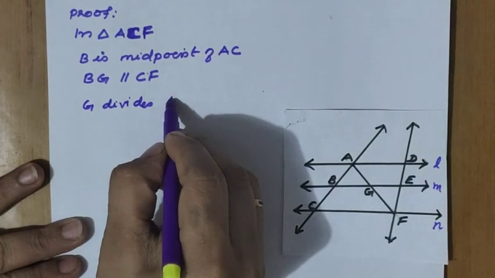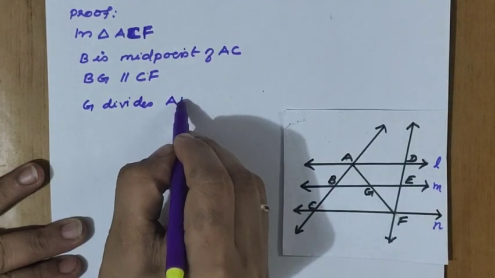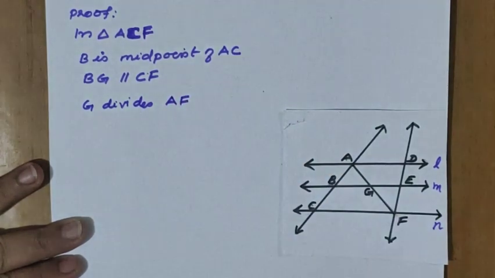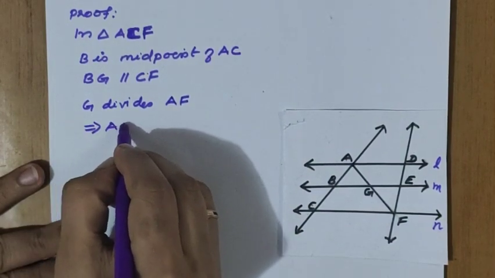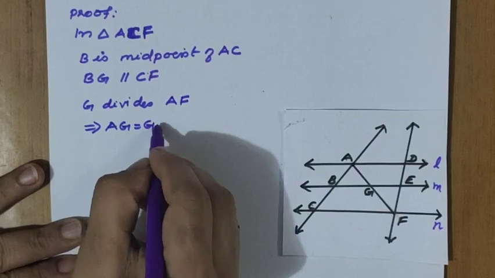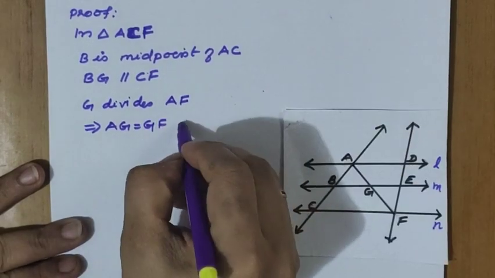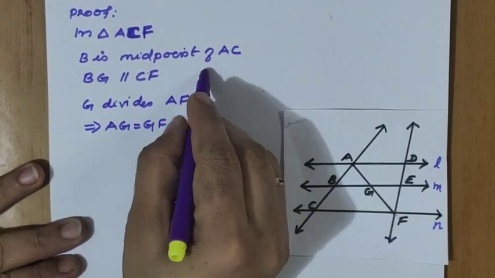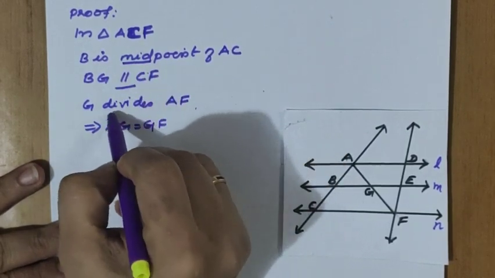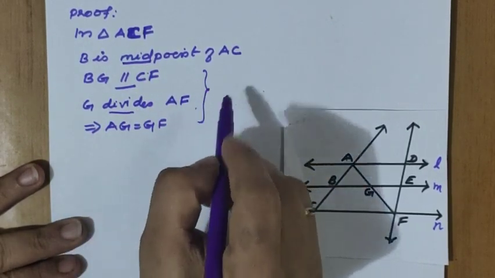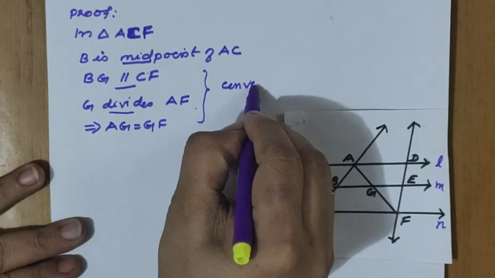AF. G divides AF. That means AG equals GF. Now, which theorem is it? The converse midpoint theorem. All these criteria: B is the midpoint, parallel, then divides. So here we can write converse midpoint theorem.